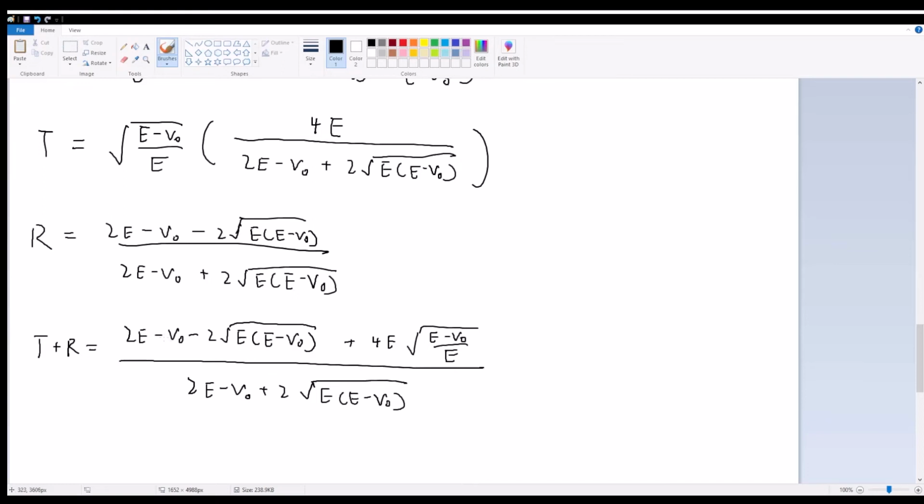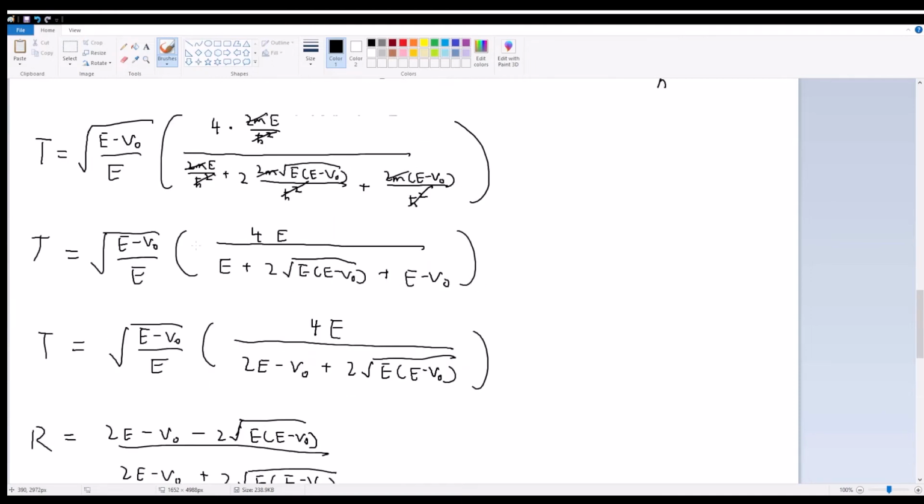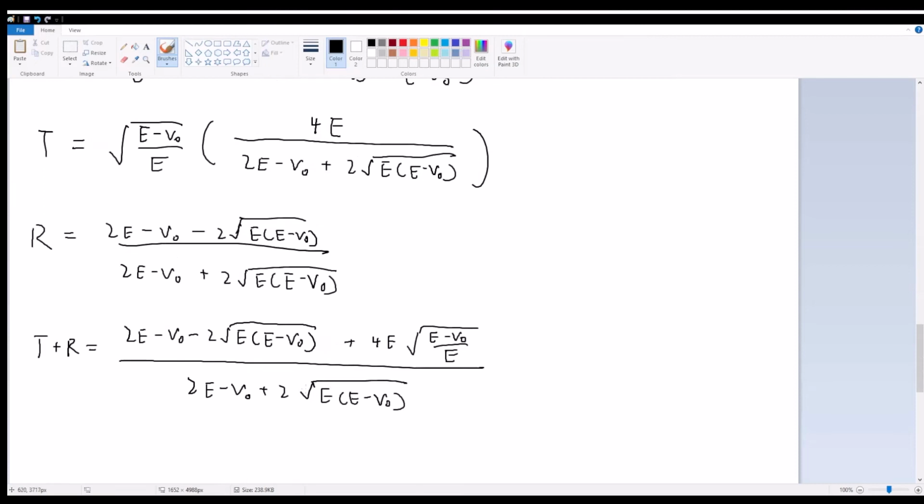So let's see. This is plus 4E. I can combine these, and what will this give me? If I move this in, this 4E, I can move the E into the square root, and this is going to give me 4 times the square root of E times E minus V naught, because the E becomes E squared, and the E at the bottom cancels out, leaving the E at the top.